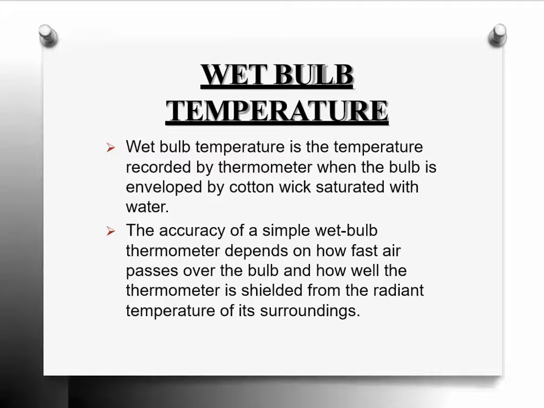The accuracy of a simple wet bulb thermometer depends on how fast air passes over the bulb and how well the thermometer is shielded from the radiant temperature of its surroundings.